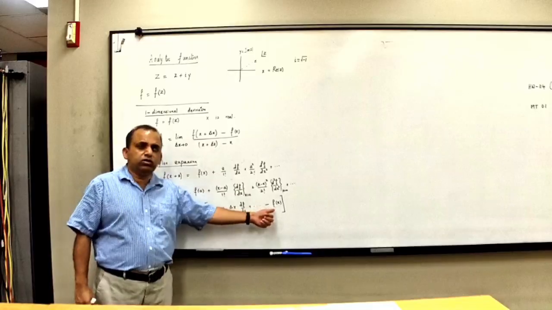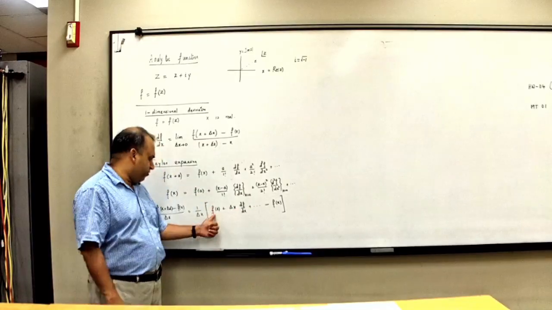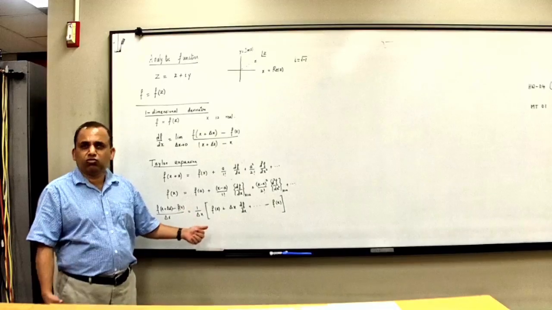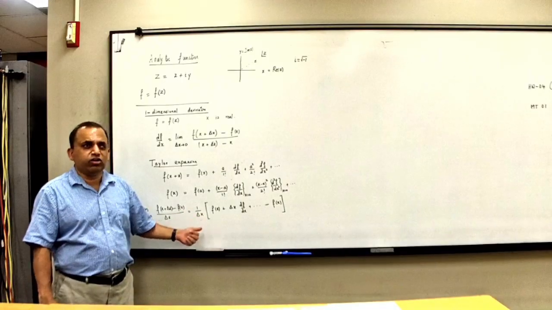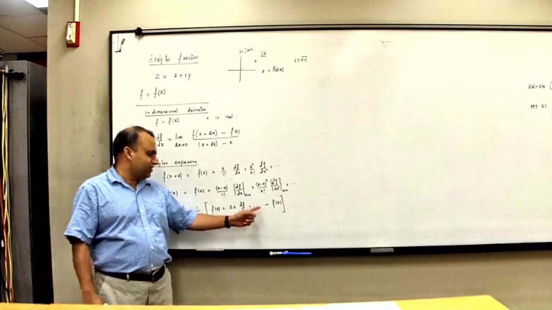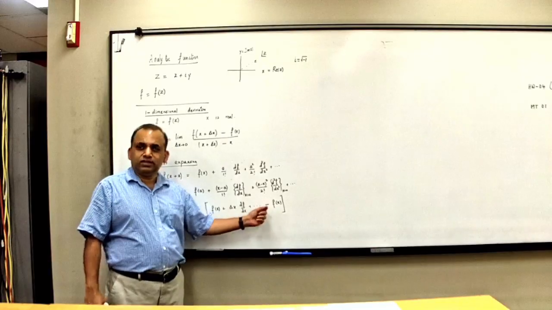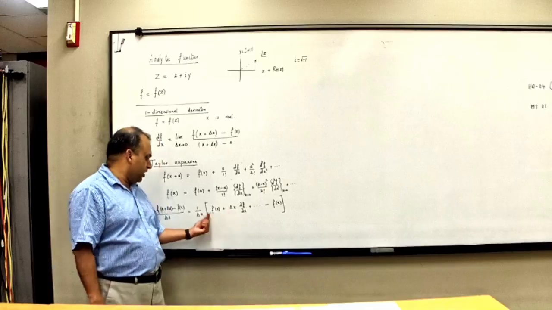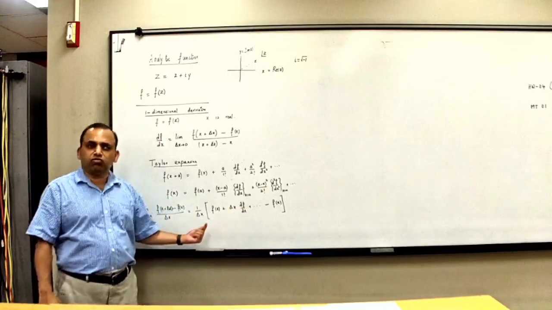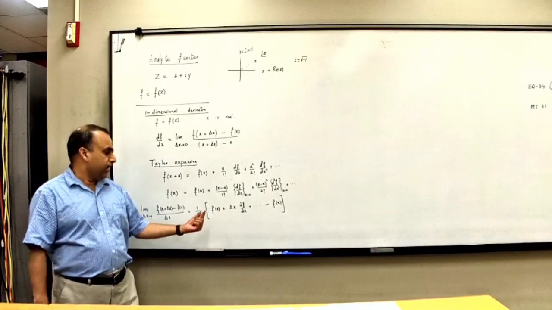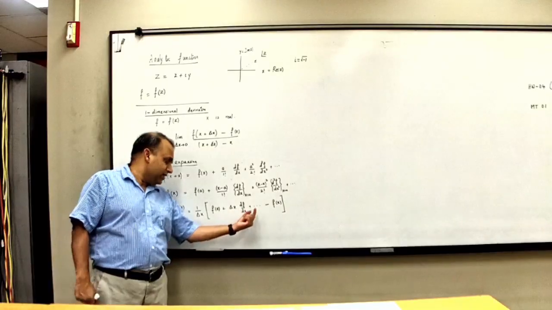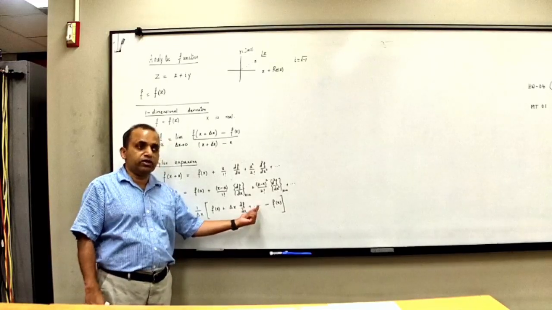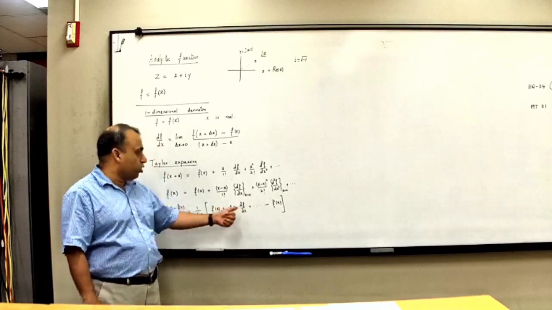If f of x doesn't cancel this f of x, 1 over delta x will be infinity, right? 1 over 0 comes up. So once this has cancelled out, the next term comes into play, and that delta x cancels out that delta x very cleanly, and this is what is remaining. There is a third term, but that doesn't contribute because there is a higher power of delta x in the limit that will go to 0.